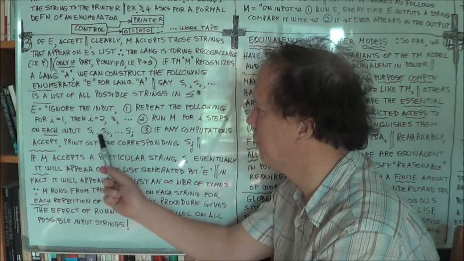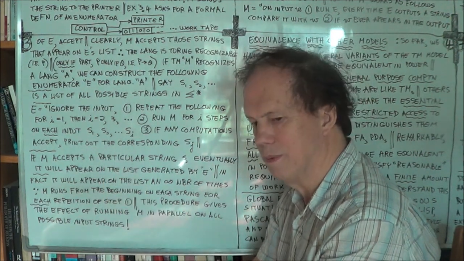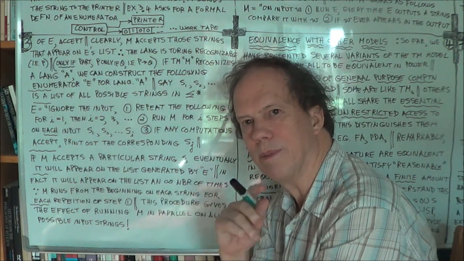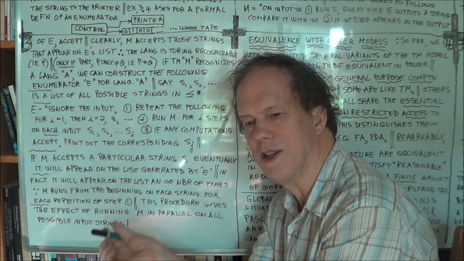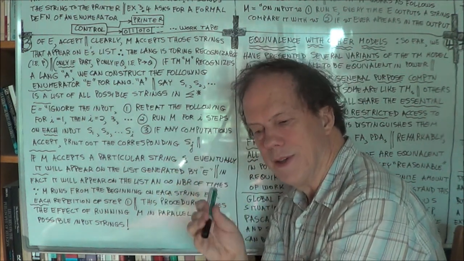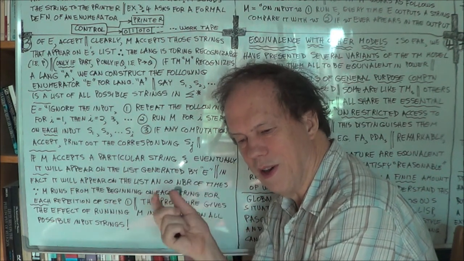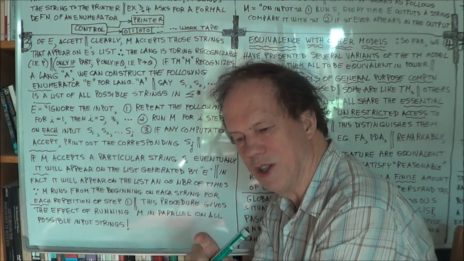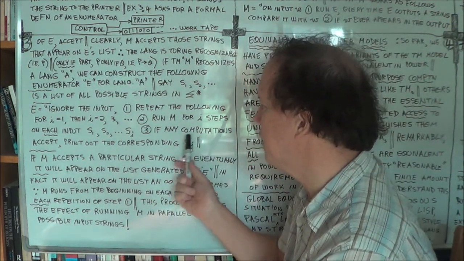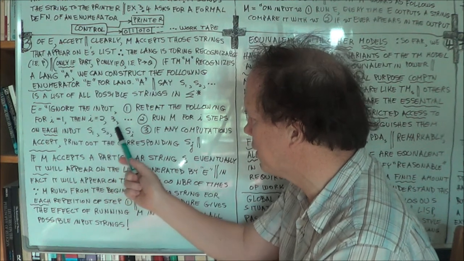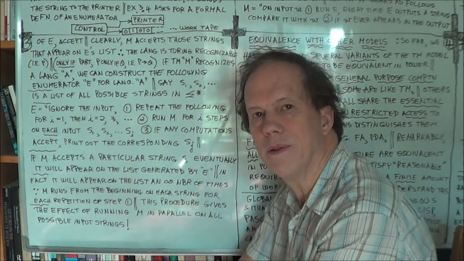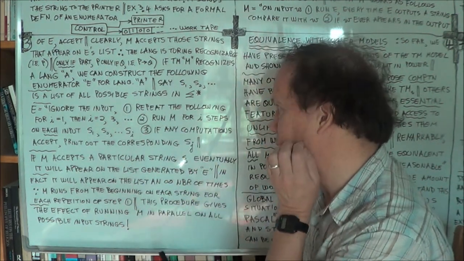So in effect you're getting your E to simulate your machine M. It's as though the enumerator has a Turing machine M inside it, so to speak. So if one of these, say SJ, is accepted by the Turing machine M, well, print it out.